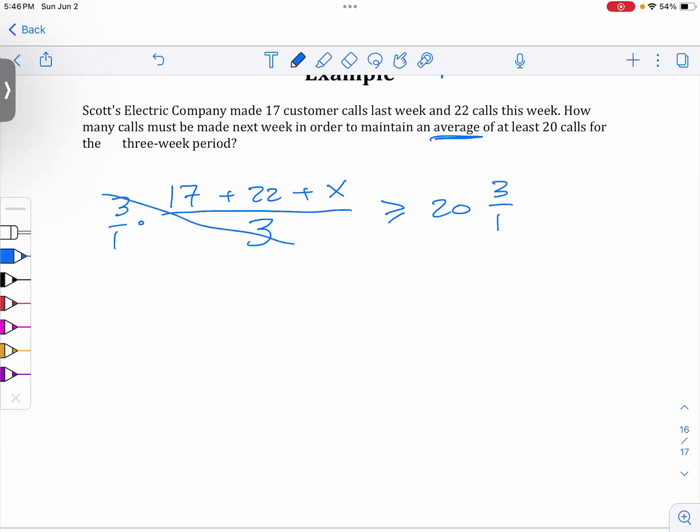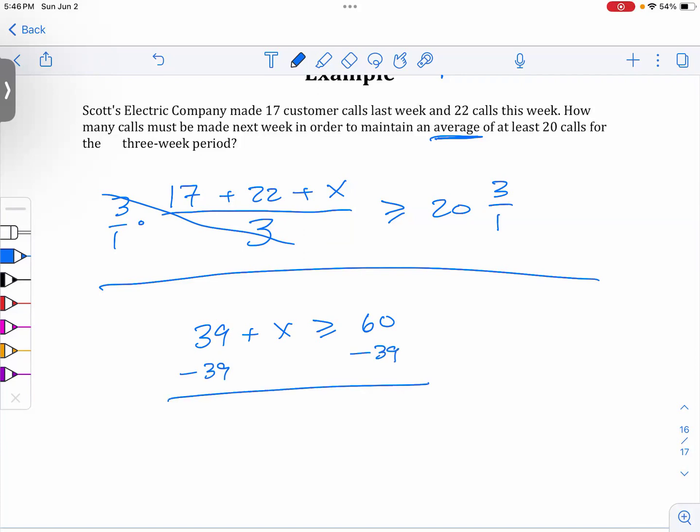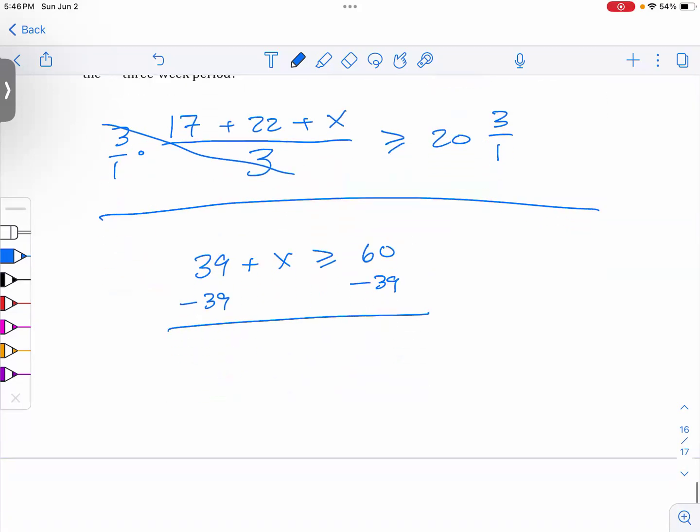That cancels over here. And 17 plus 22 is 39, so that becomes 39 plus x greater than or equal to 20 times 3, which is 60. And then minus 39. All right, so 21 or more calls.